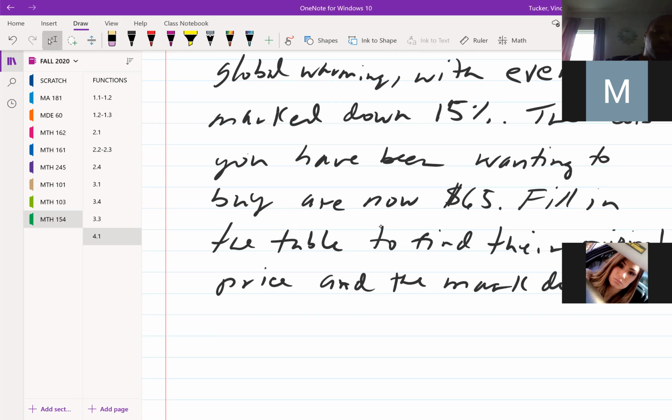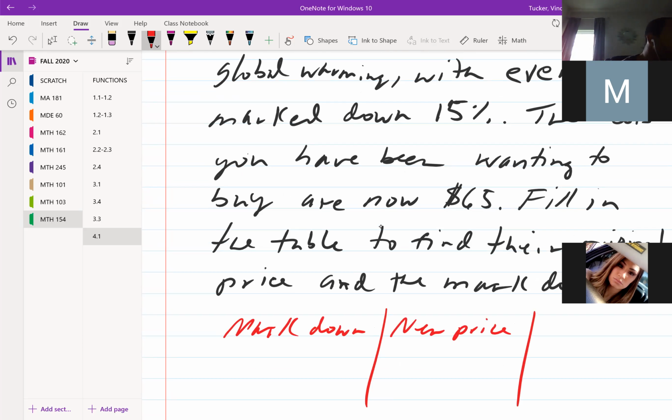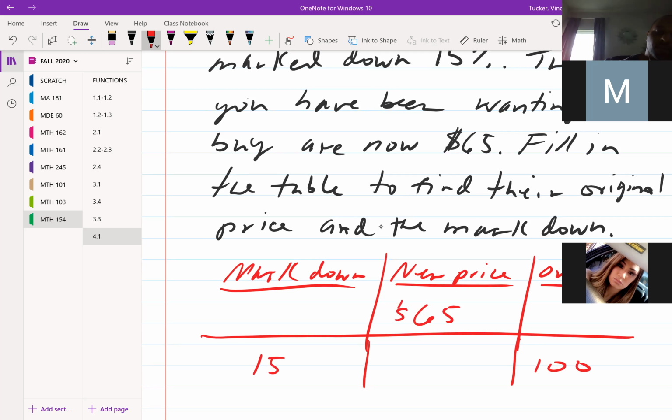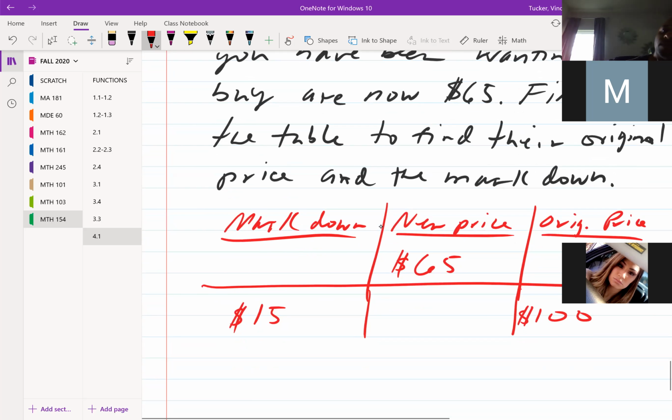All right, so let's look at this table. We have markdown, new price, original price. All right, so let me see how this chart is working out.